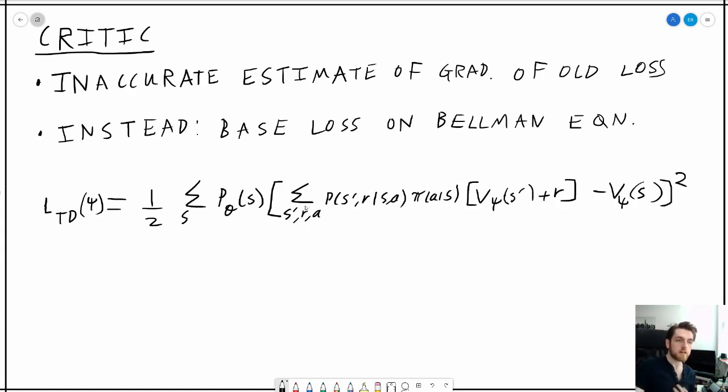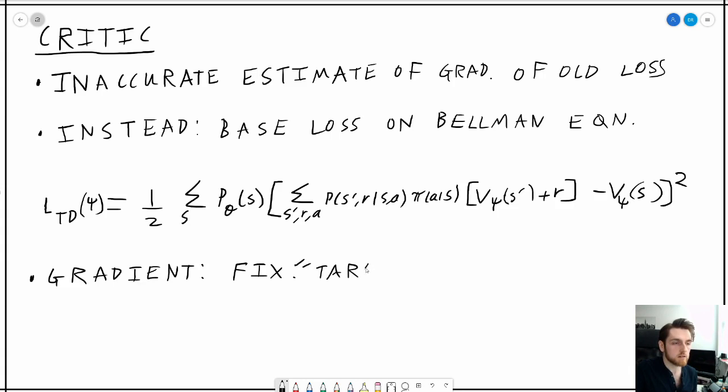Okay. Now, calculating the gradient of this object with respect to both sides of the Bellman equation would be very complicated, although it is a valid algorithm that people do study. But for simplicity, when we calculate the gradient, we're going to fix the target, as it's sometimes called, this part here.